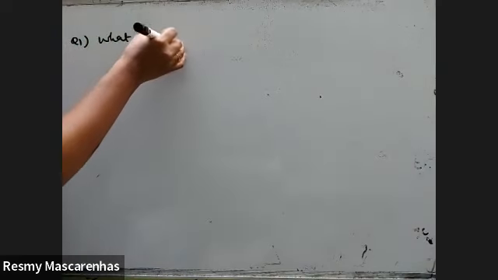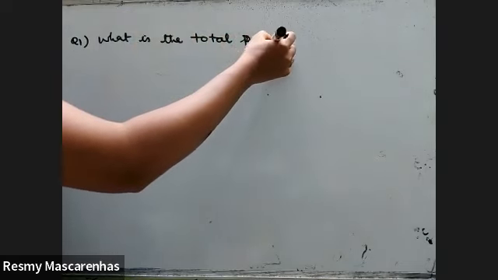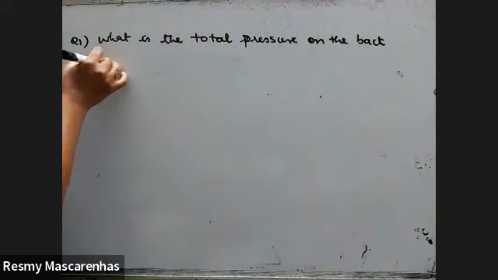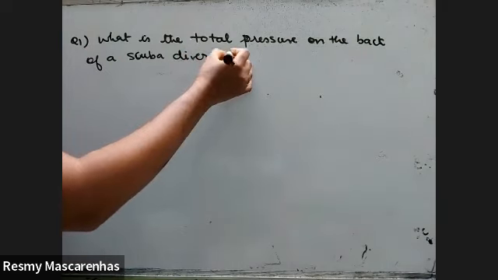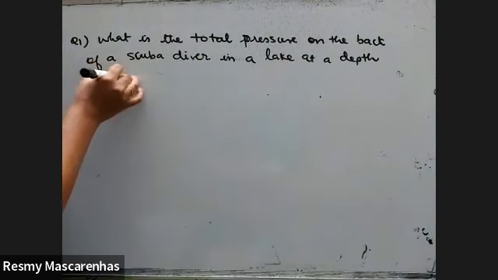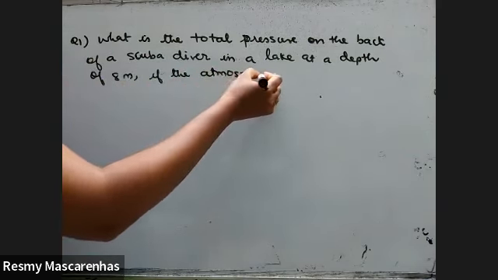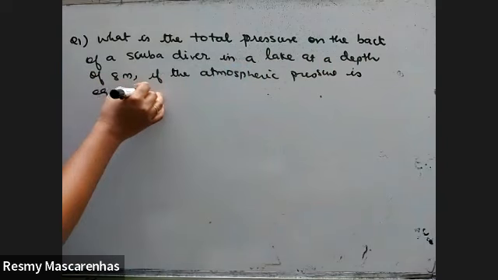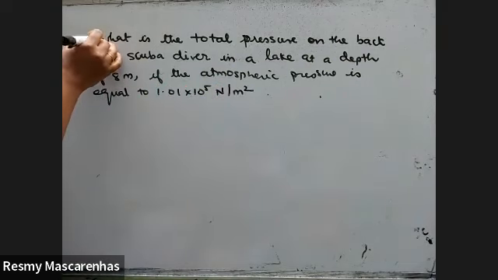What is the total pressure on the back of a scuba diver in a lake at a depth of 8 meters if the atmospheric pressure is equal to 1.01 into 10 raised to 5 Newton per meter square? This is the first part.